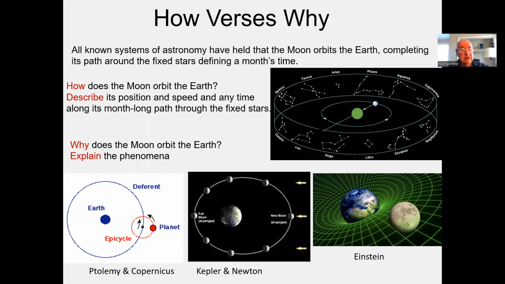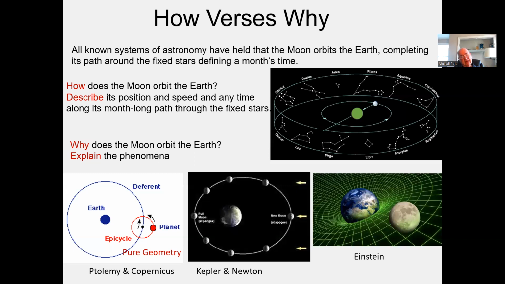The difference between these explanations, well, one is pure geometry. Okay, it's actually, if you think about it, all these motions here on circles, these are all motions at constant speed. The epicycle is going around the deferent at a constant speed, and the planet is going around the epicycle at a constant speed. And if you know the sizes of these circles and the speeds in which they're going around, it's rather straightforward geometry to calculate exactly where the planet would be, in this case, the moon, at any time.